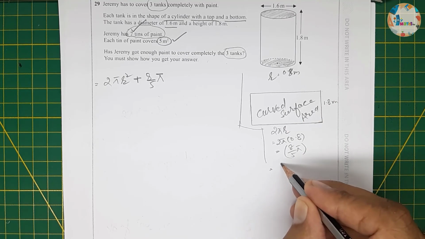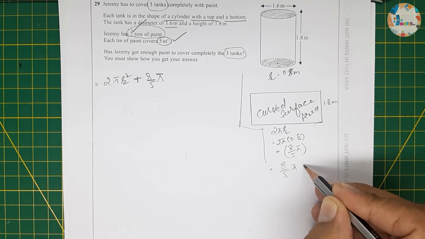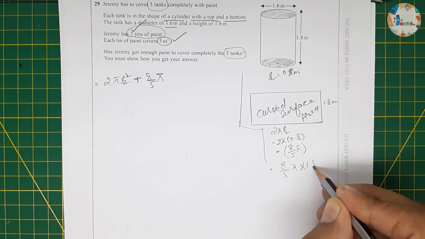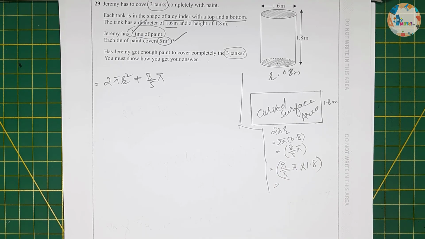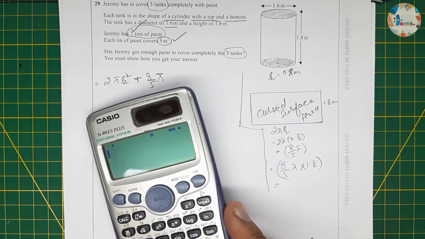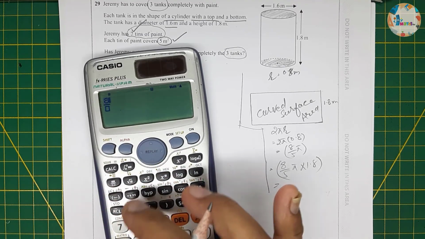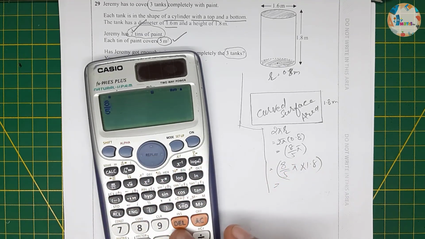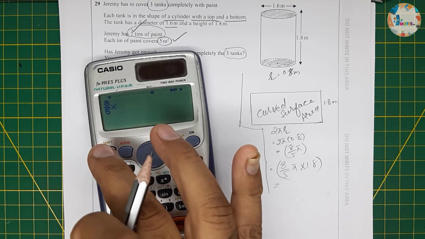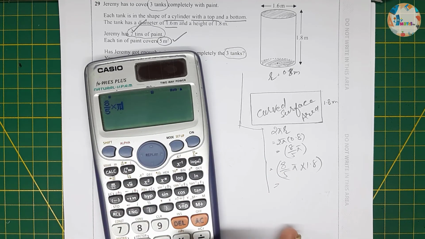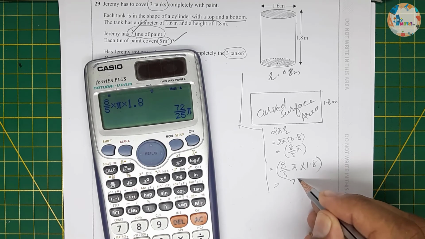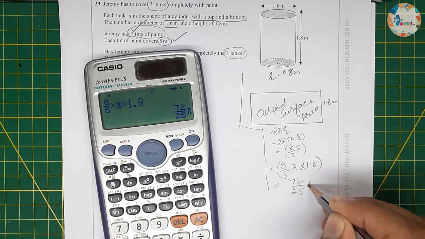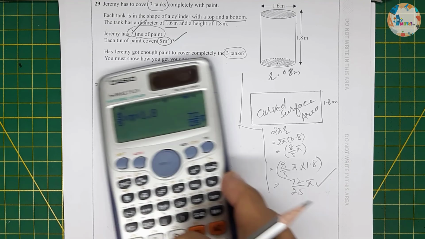So the curved surface area will be 8 by 5 pi multiplied by 1.8. We will check with the calculator: 8 over 5 multiplied by pi, multiplied by 1.8, and this will be equal to 72 by 25 pi. This will be the curved surface area.